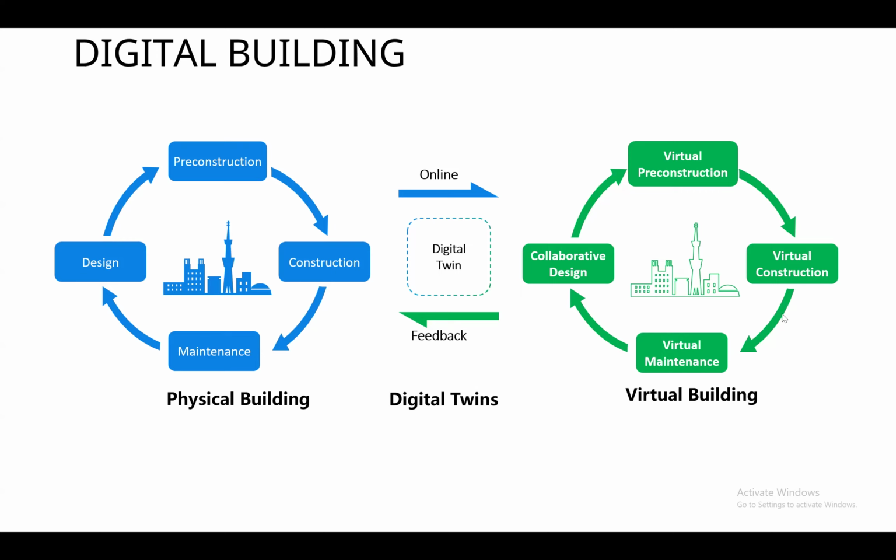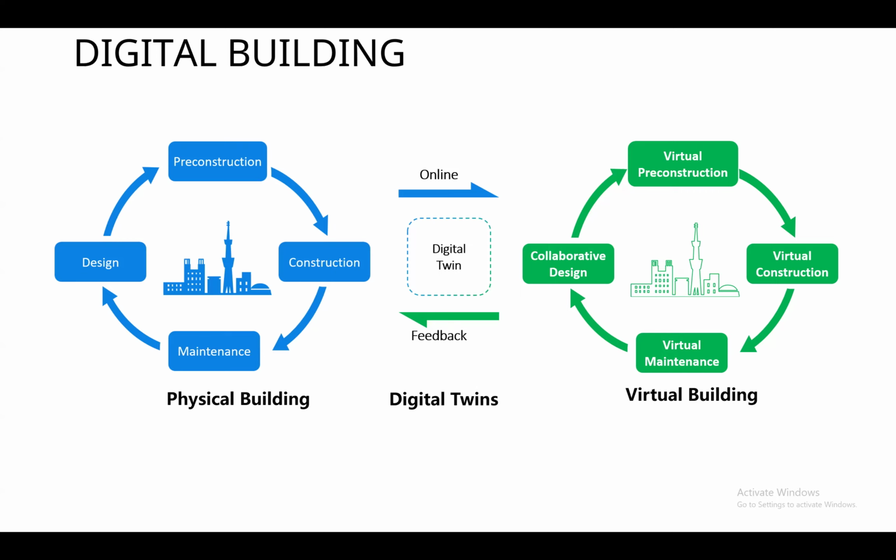After that, we can do virtual maintenance. After finishing the building, we can create the as-built 3D model. Then we can put some scanners in this physical building, and we can get some information from these scanners, from the Internet of Things, IoT.